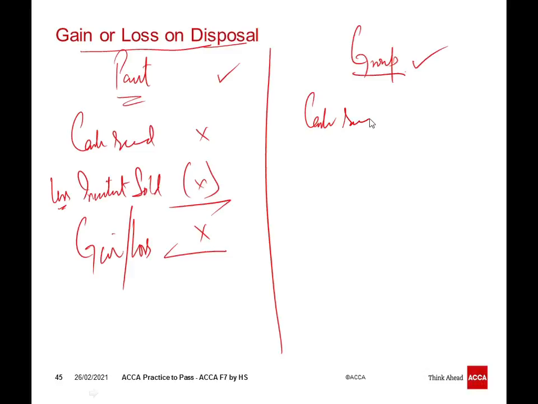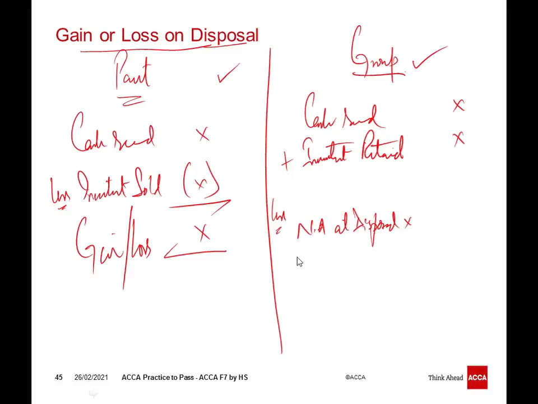So the formula will be cash received plus investment retained, less net assets at disposal, plus goodwill which is left over till the disposal date, plus NCI at disposal.